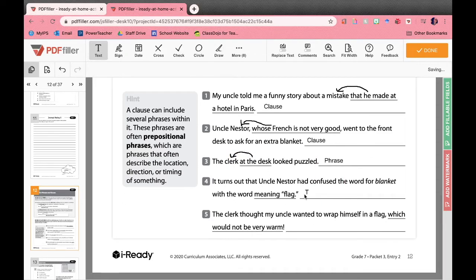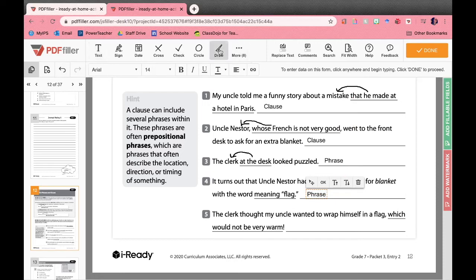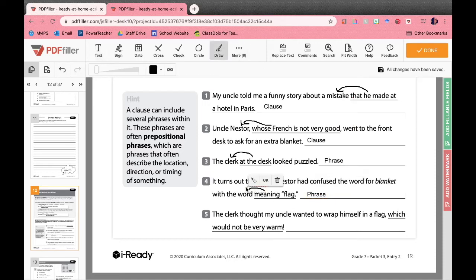Next, it turns out that Uncle Nestor had confused the word blanket with the word meaning flag. Meaning is our verb, but we have no subject there, so it has to be a phrase. And meaning flag is modifying what? Word, because it's telling us which kind of word, the word meaning flag.